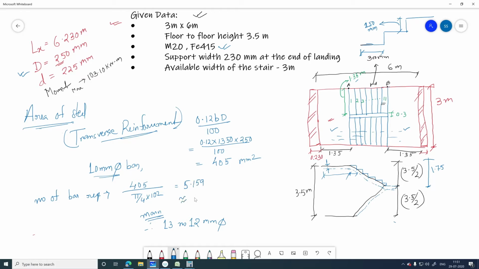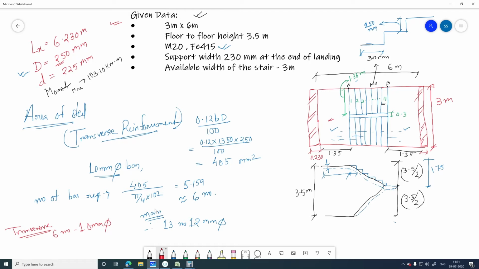So we will provide here 6 numbers. So the summary for the transverse reinforcement is six number and the diameter is 10 mm dia bar.